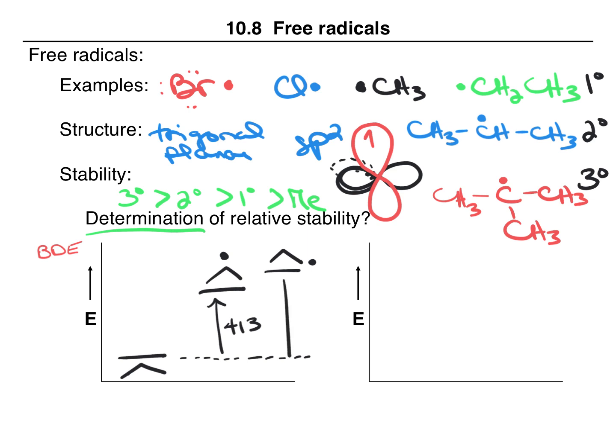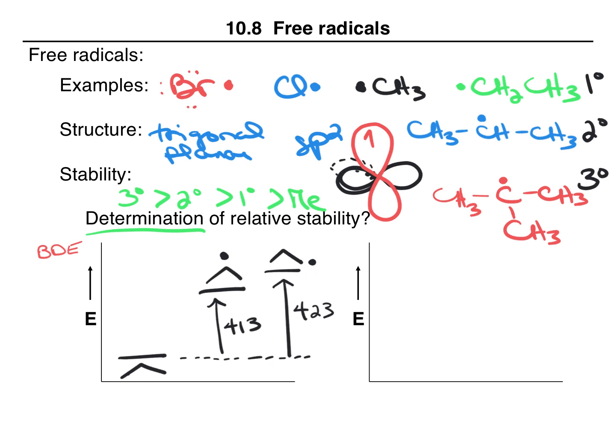This has a bond dissociation energy of 423. So because this can form either a primary or a secondary radical, by measuring the bond dissociation energies, we can see the difference between forming a secondary radical and forming a primary radical. And so primary radicals are higher in energy, secondary radicals are more stable.